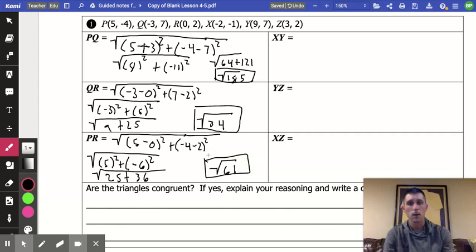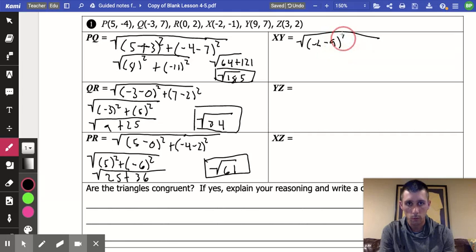All right, now we have to do the other triangle. So now XY, same thing, square root, what is the x of X? So negative 2 minus 9 squared plus negative 1 minus 7 squared.